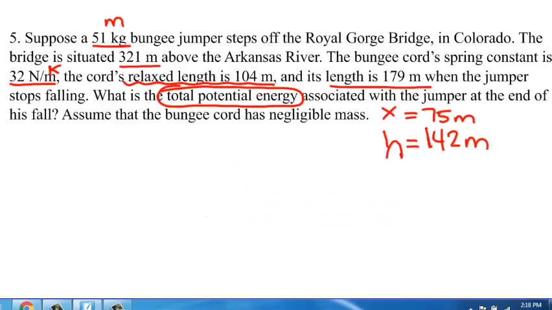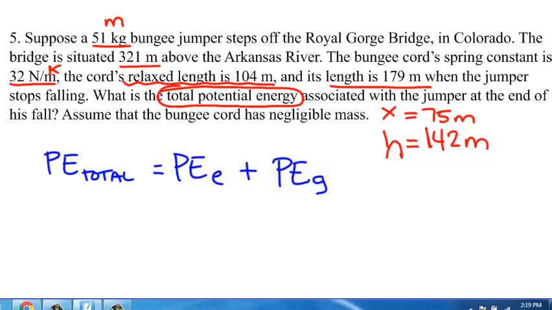So now we not only have the M and the K that were originally given to us, but now we have X and H, and that's enough information to solve for total potential energy. Okay, so what's the equation for total potential energy? We're going to add elastic plus gravitational energy, where elastic energy is 1/2 kx squared and gravitational energy is mgh.